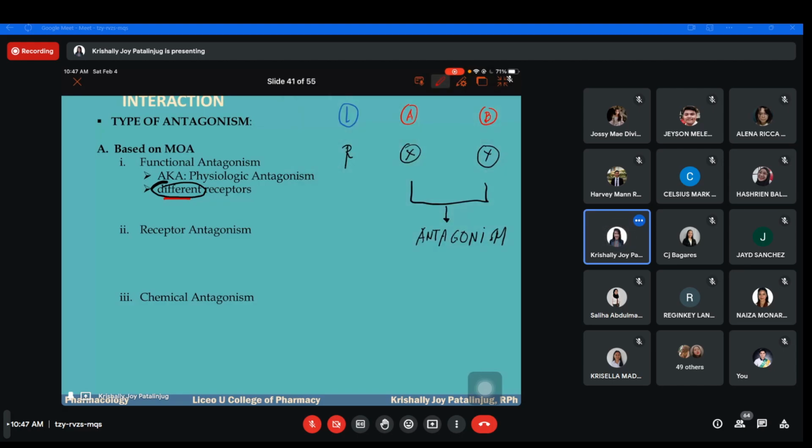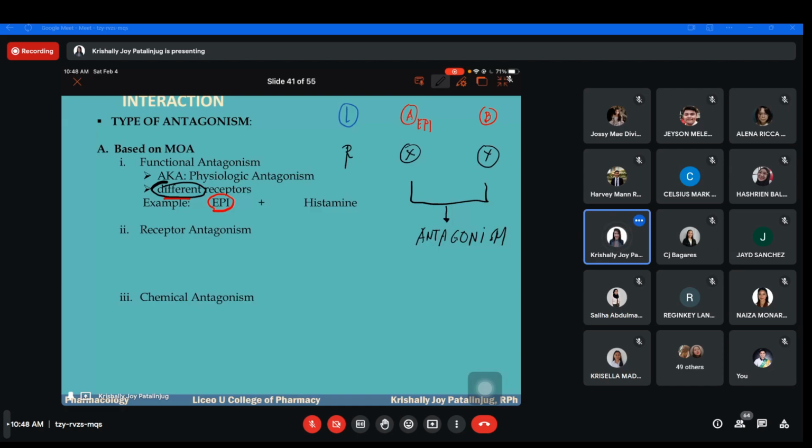Example, let's have, for instance, ligand A is epinephrine. Kasi yun yung nakasulat dito, no? Epinephrine. So, halimbawa, epinephrine yung ligand A. And please take note that the ligand A epinephrine here, it binds to a variety of adrenergic receptors.